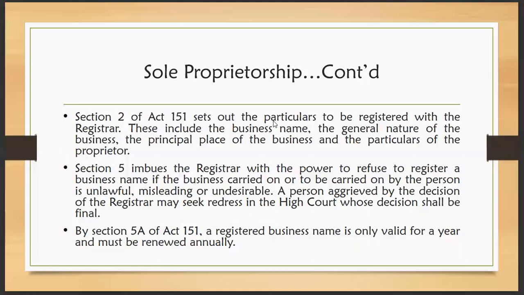So, for example, you are going to do the business of selling ice cream, okay? And you propose a name like Modern Medicine Specialist Enterprise. That is your proposed business name.